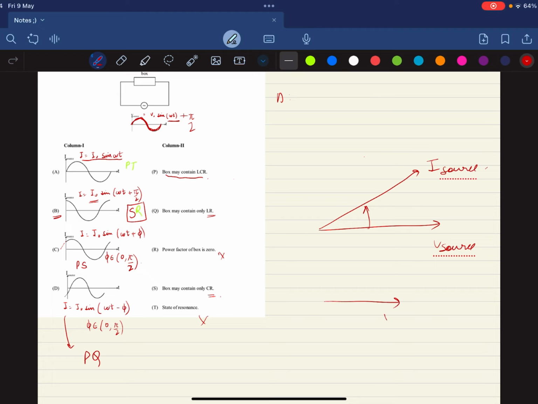And in the general conditions, just a general phasor, when VC is greater than VL, this phasor can also form. So the box may contain LCR, but VC should be greater than VL. So yes, P is also possible in this case.